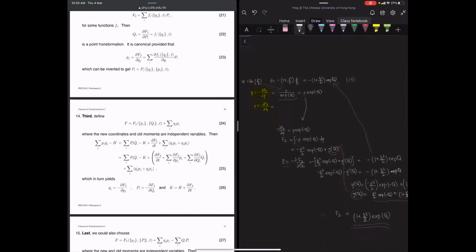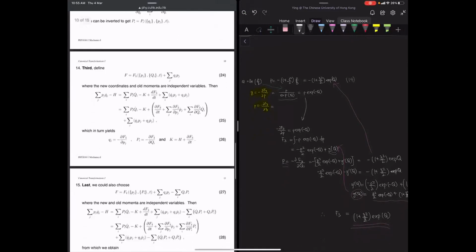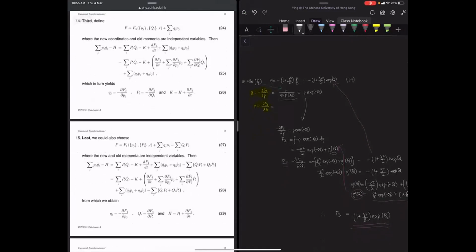Is it possible? I think it's possible, and the solution should be the same. You mean F3 equal to F4? Yes. By guessing, because now we have F3 equals F1. So it should be.